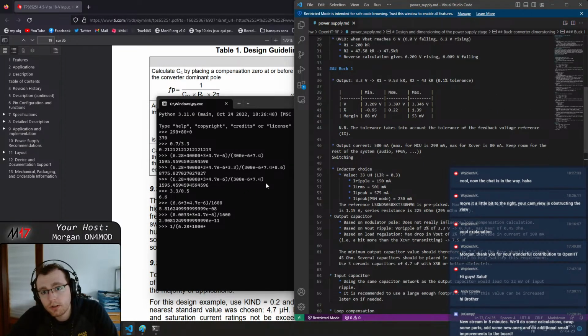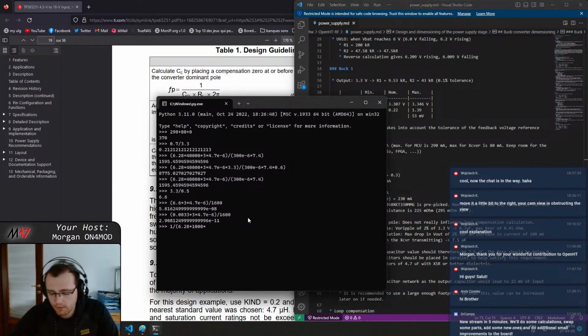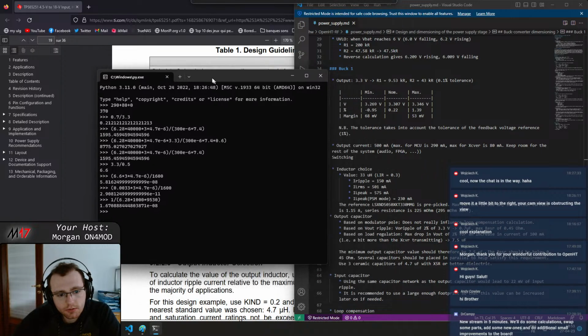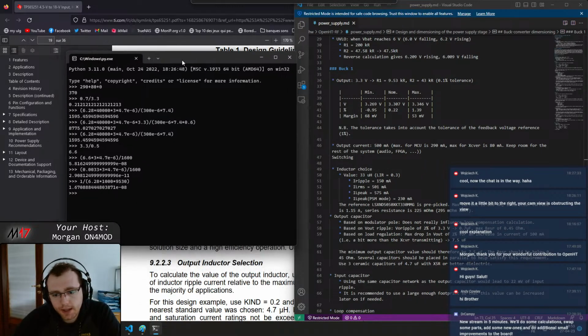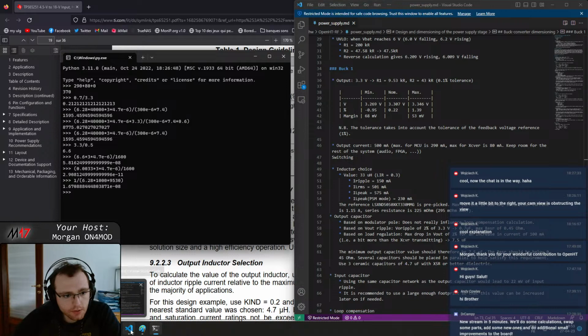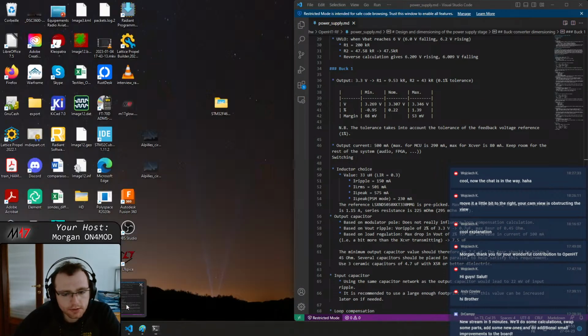R1, it's 9530 ohms. 16 nanofarad, except that we want it to be lower than 1000.